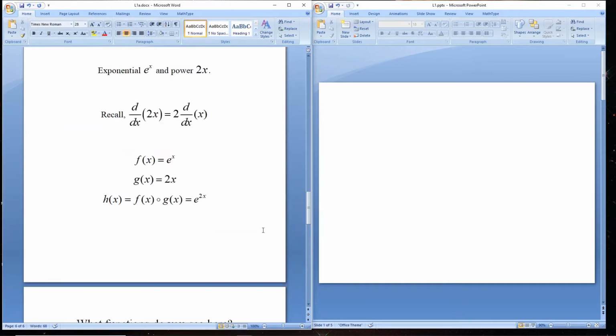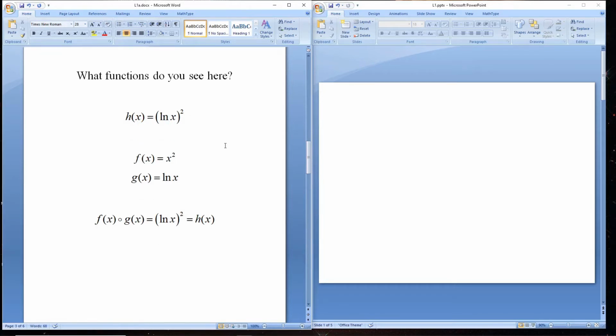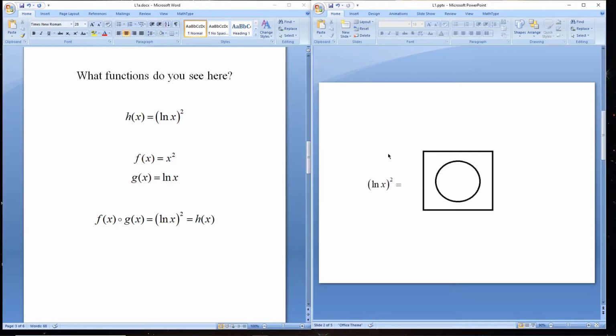Let me just scroll up really fast back to the first one here, this one. What functions do you see here? You see a log function going into a power function. And again, I like to use objects to try to demonstrate this.